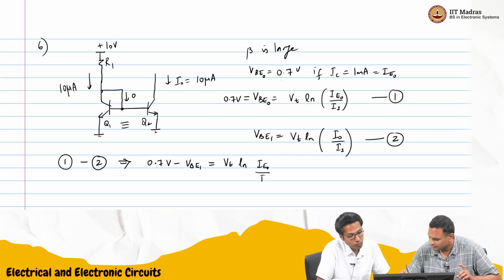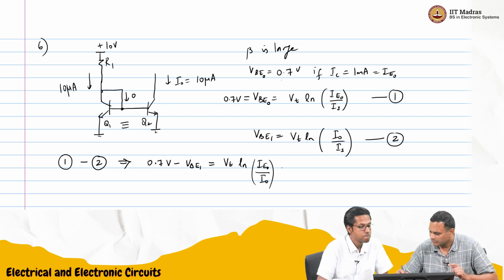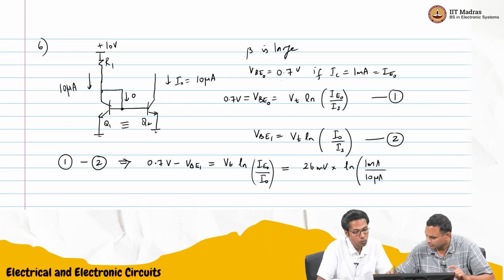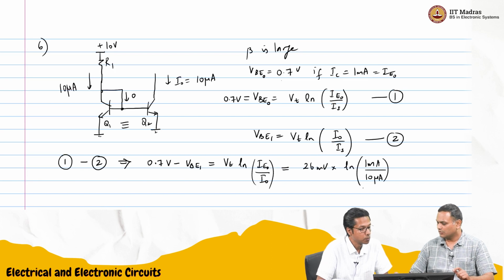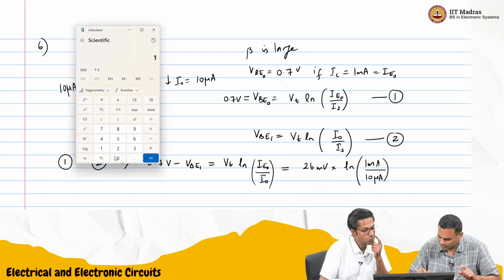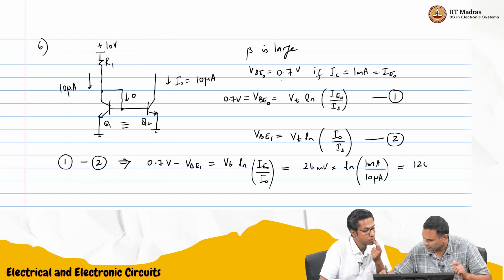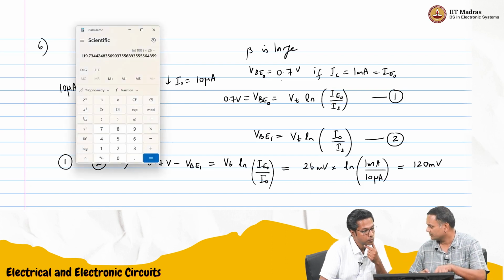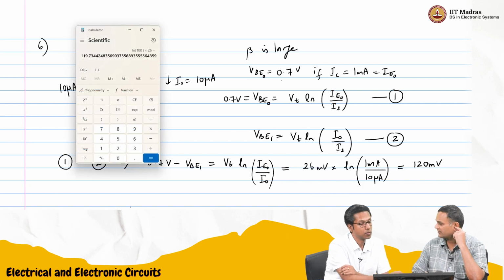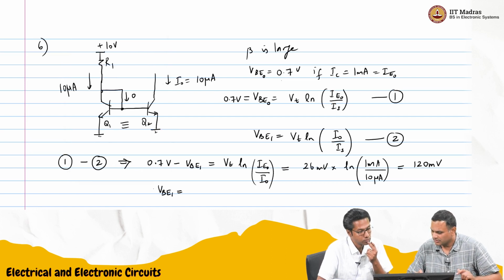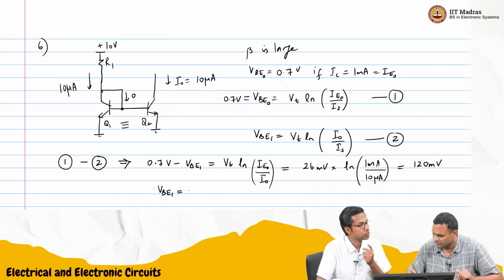So this is 26 millivolts into ln of IE naught, 1 milliampere, by I naught, 10 microamperes. This is 100, no? So we need ln 100 into 26. 120 millivolts, rounding to the closest integer. So that is 0.7 minus VBE1. VBE1 is 700 minus 120, 580 millivolts.